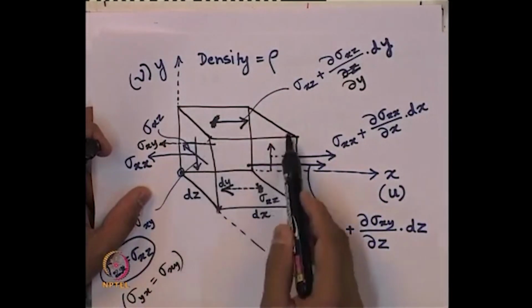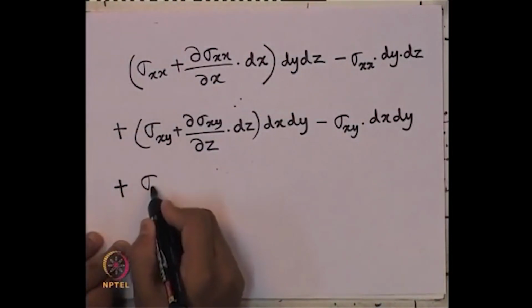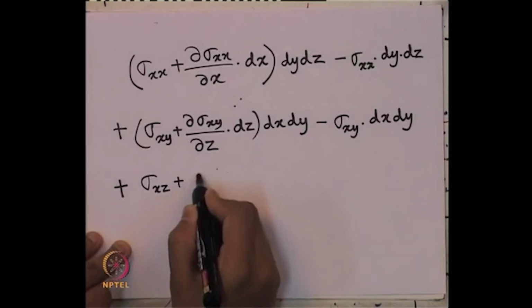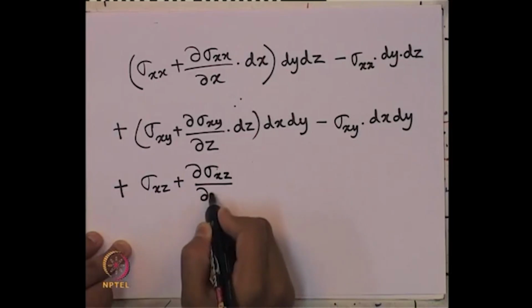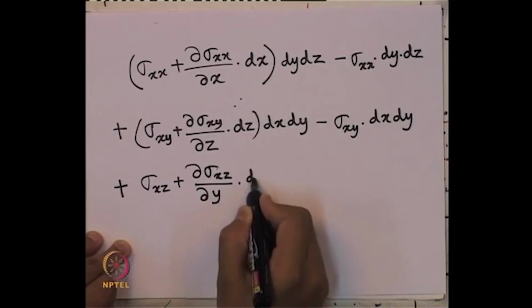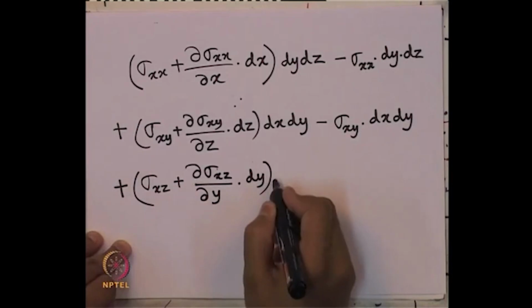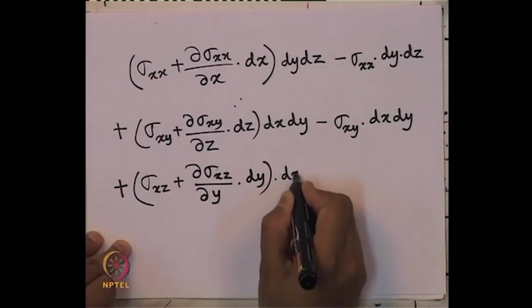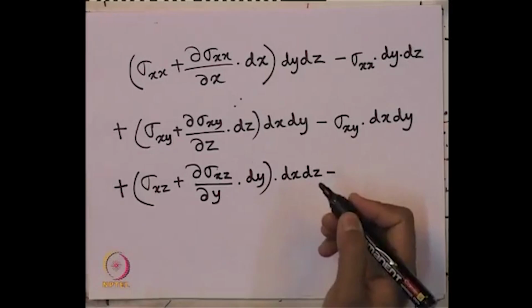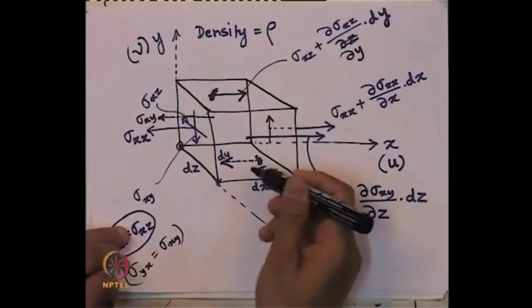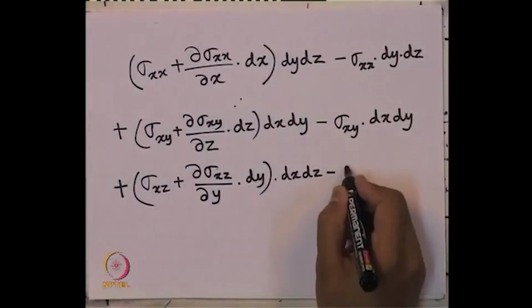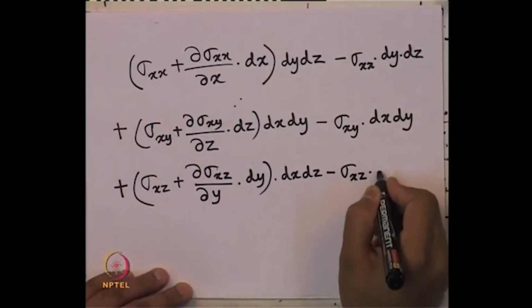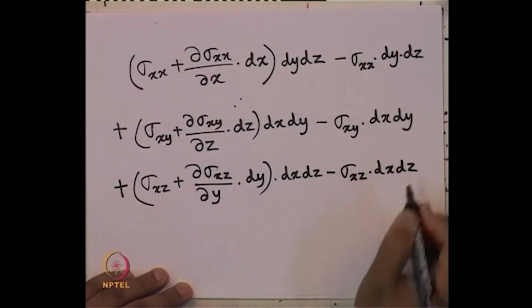That is dx times dz. Okay? So, sigma xz plus del sigma xz over del y times dy, times dx dz, minus what is acting in the other direction? Sigma xz times dx dz.